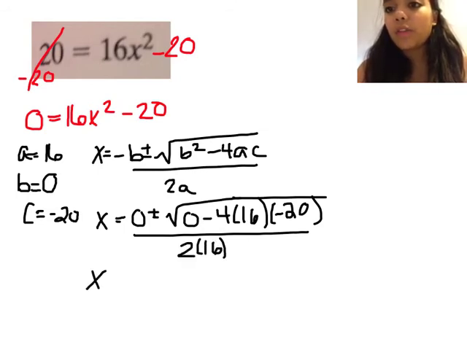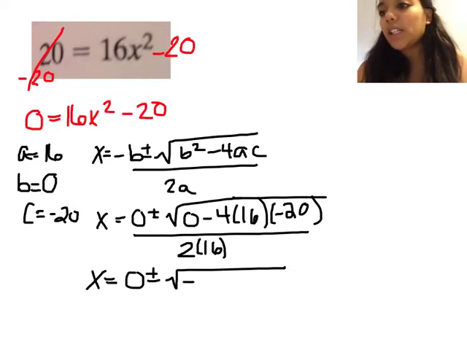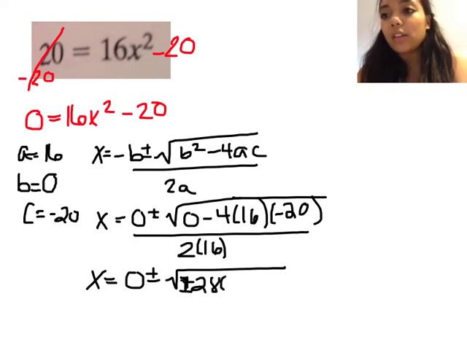So I'm going to simplify. X is equal to 0 plus or minus the square root. 0 minus 4 times 16 times -20 is going to be 0 plus 1,280. And you could have typed that in your calculator to figure that out, or solved it out by hand. 1,280 divided by 32.